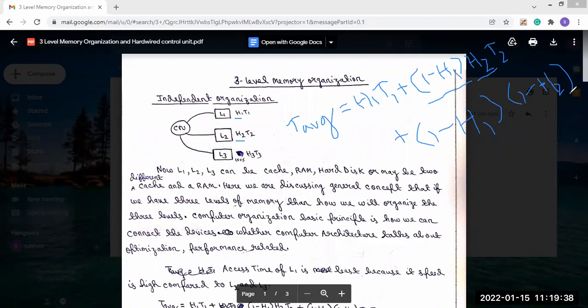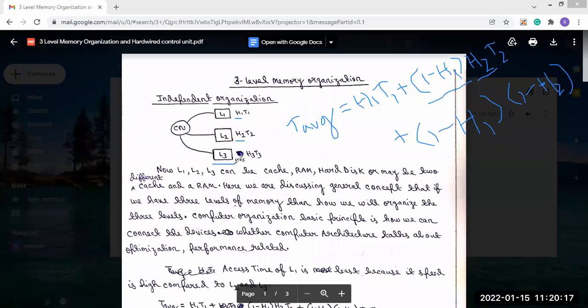Yes, it is right that we could consider it, but we will not consider the H3 because we know that if we didn't find the data in L1 and L2, it is sure that it will be found in the L3. The storage space of L3 is much more. So there is no need to use the hit ratio of the L3, because if the data is not found in L1 or L2, we are 100% sure that we will find the data in the L3.